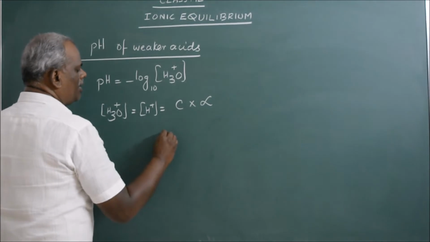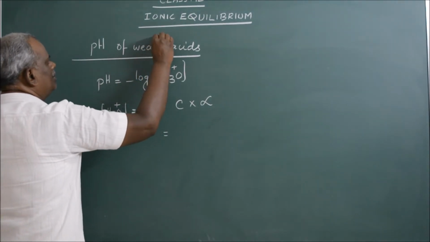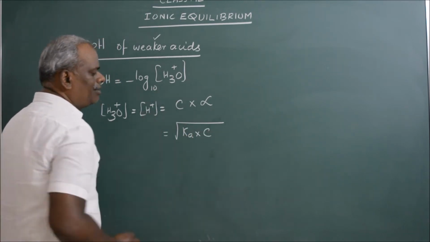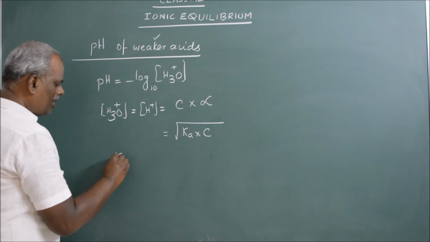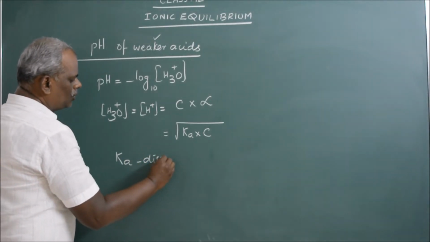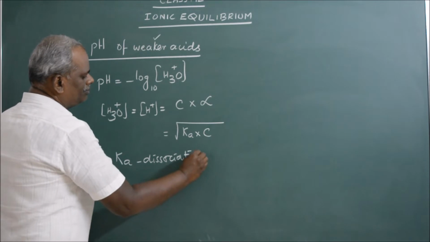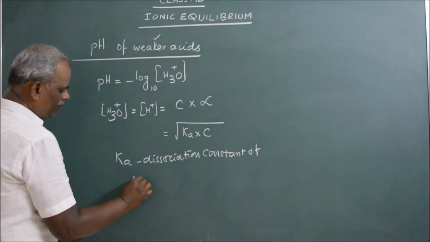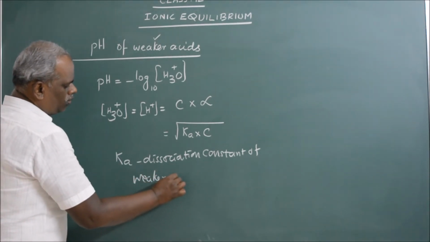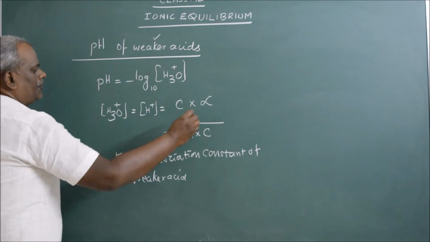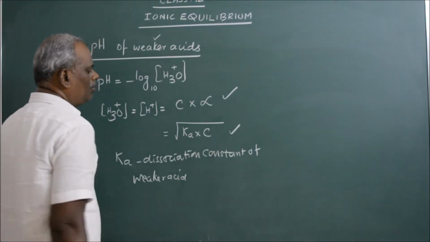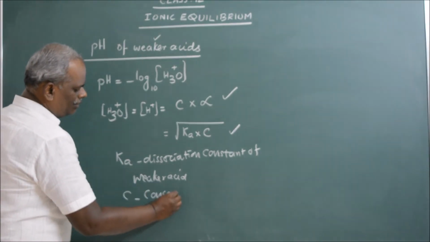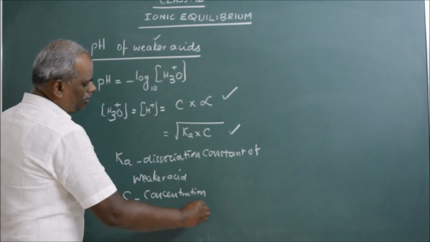And one more idea: the hydrogen ion concentration for a weaker acid can be given as the square root of Ka into C, where Ka is the dissociation constant of the given weaker acid. So by using this relationship, C into alpha or the square root of Ka into C, where C is the concentration, it might be the normality or molarity.